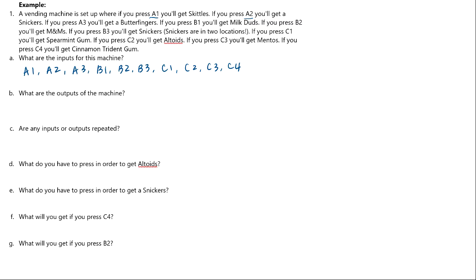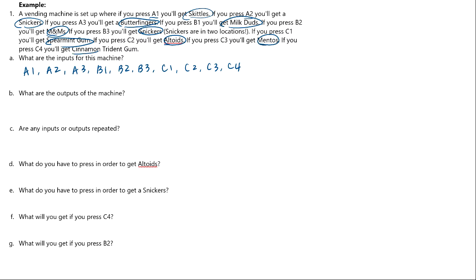On the other hand, what the machine spits out in return are the candy bars. We can see there are Skittles if we press A1, Snickers, and then Butterfingers, Milk Duds, M&Ms, Snickers, Spearmint Gum, Altoids, and Mentos.